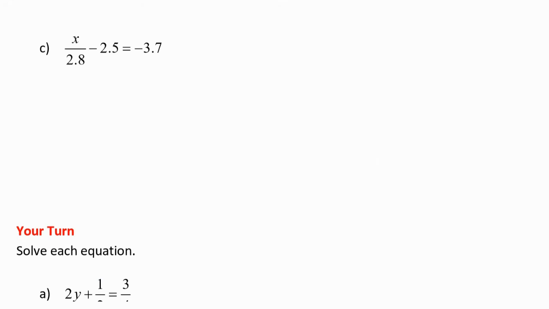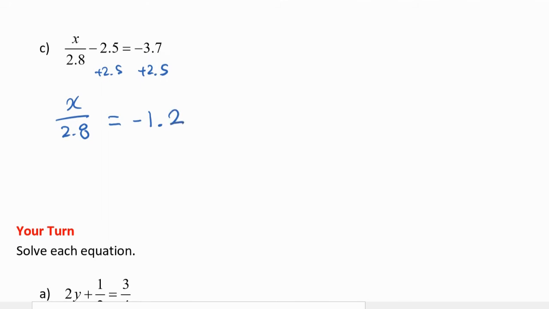Alright, next question, C. Again, we want to isolate x. But to do that, we're going to isolate the term with x. So add 2.5 to both sides. Then x over 2.8 will be isolated. And negative 3.7 plus 2.5 is negative 1.2.